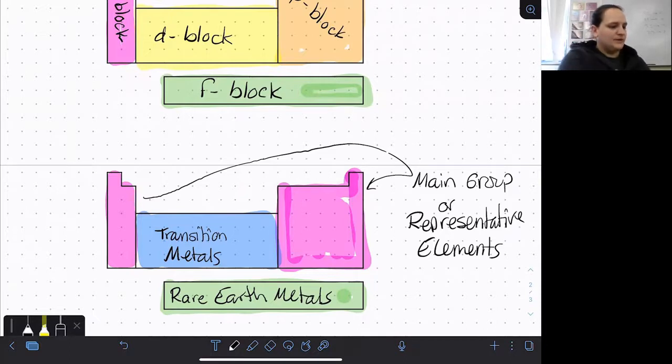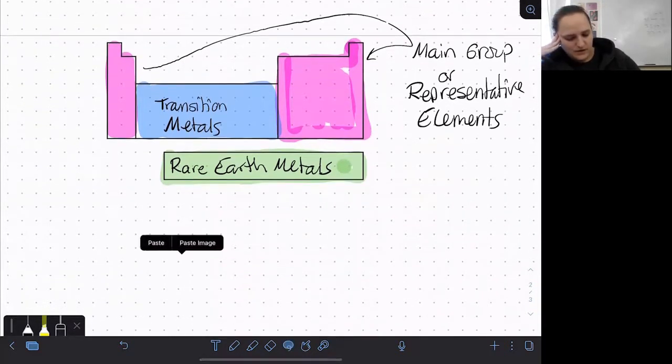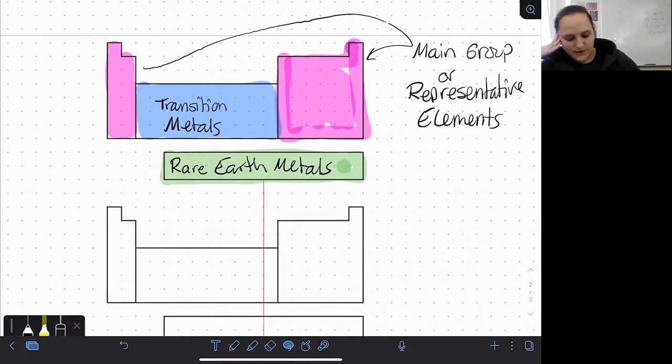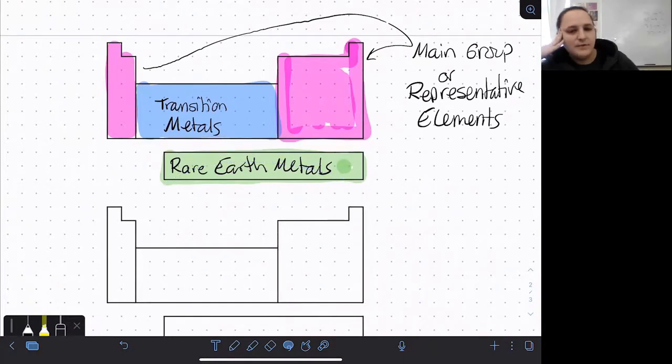What else do we have? And then last but not least, the other way that elements are often categorized according to their position on the periodic table is by whether or not they are metals.